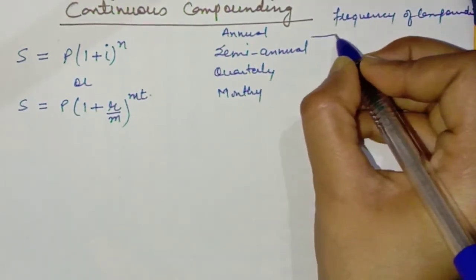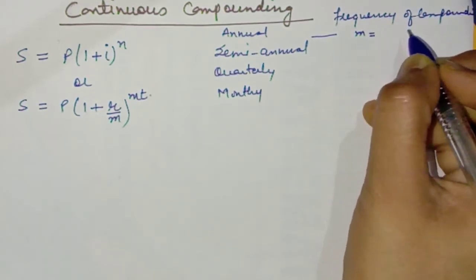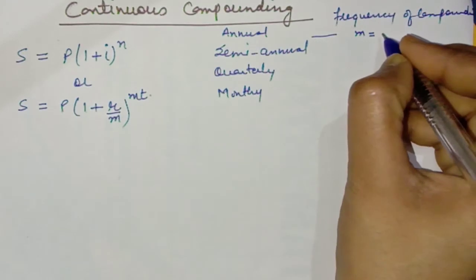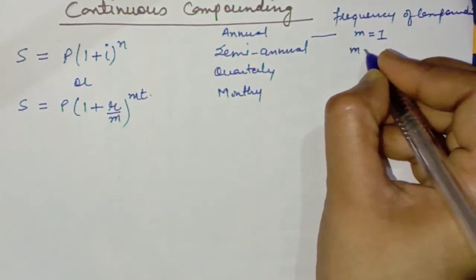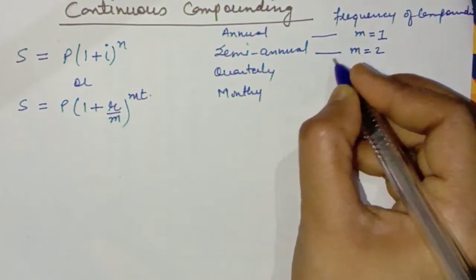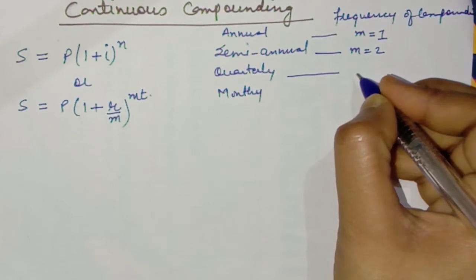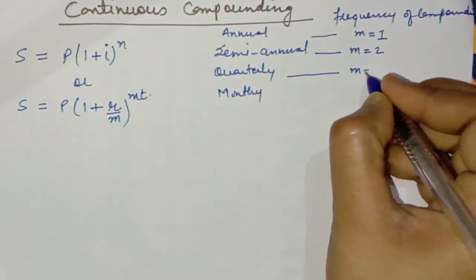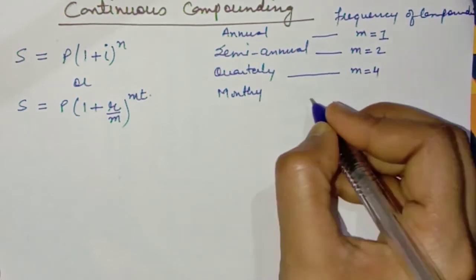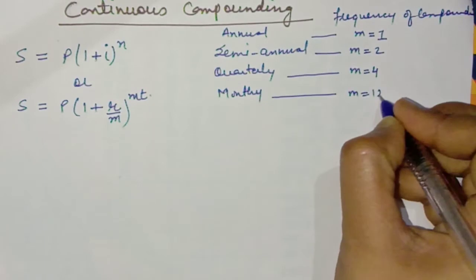In case of annual compounding, the value of m, which we call the frequency of compounding or the number of compoundings, will be equal to 1. In semi-annual compounding, it will be equal to 2. In quarterly compounding, every 3 months the interest becomes part of the principal, so it is 4. And in case of monthly compounding, the value of m is 12.